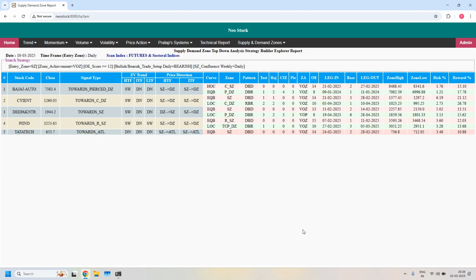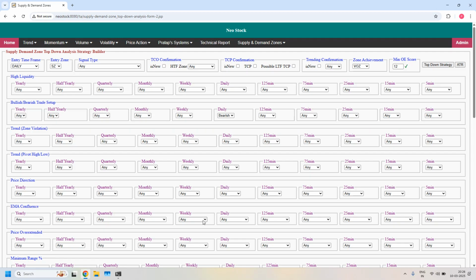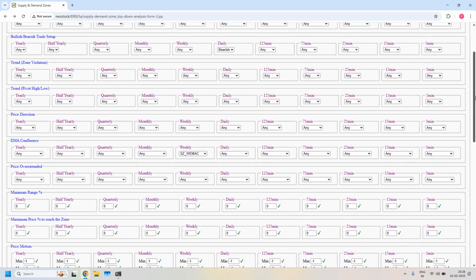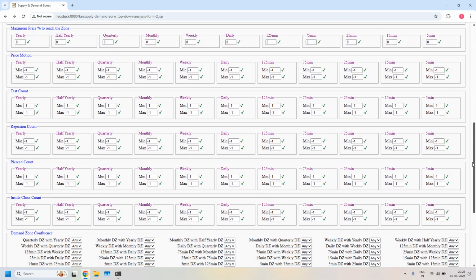Okay, now out of these 5, how many weekly supply zones are having weekly EMA confluence? Let's verify. Weekly supply zone with weekly EMA confluence. We got 4 stocks. So these 4 are high probability trade setup supported stocks based on LTF, ITF and EMA confluence. Okay, next we will look into LTF, ITF and HTF supply zone confluence, that is daily, weekly and monthly supply zone confluence.